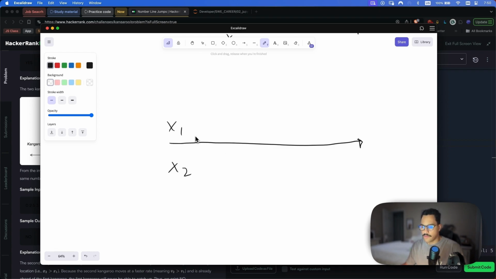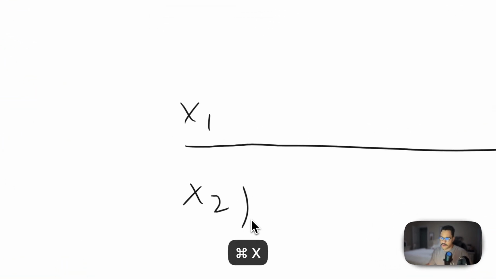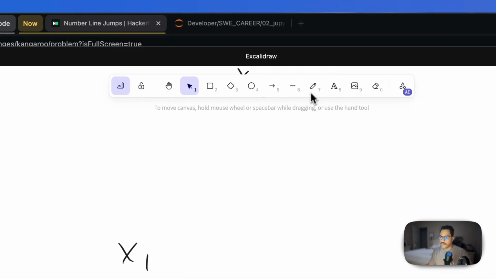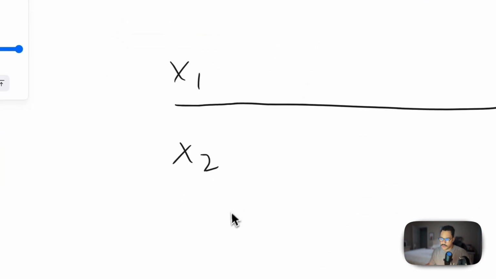So if they start at the same position, the jumps or the velocity has to be basically the same. Because, and I'm just gonna go ahead and represent that like this. Oops, sorry about that, guys.